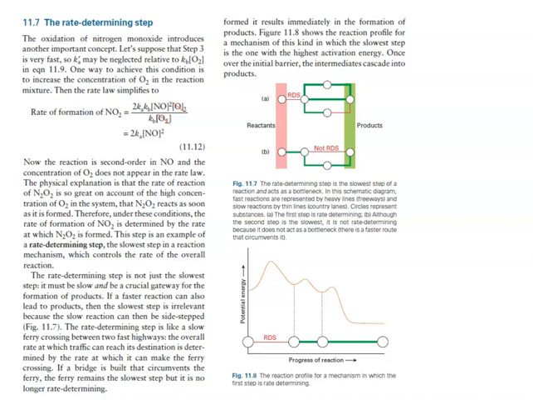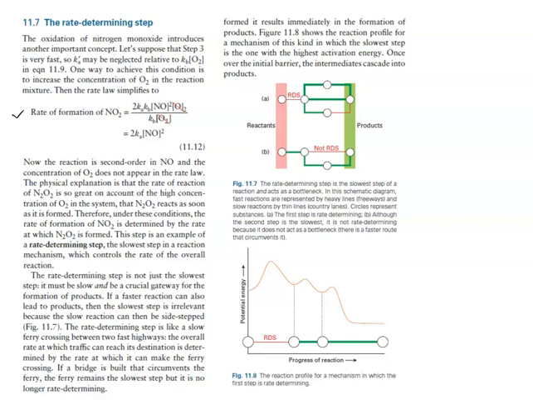One way to achieve this condition is to increase the concentration of oxygen in the reaction mixture. Then the rate law simplifies to the following, where the rate of formation of nitrogen dioxide equals 2 times Ka times the concentration of NO squared.